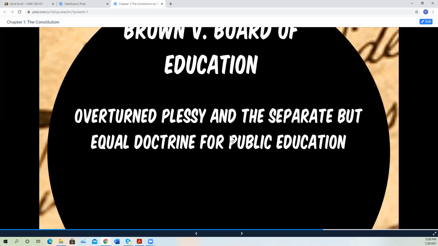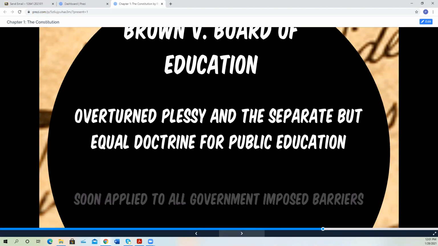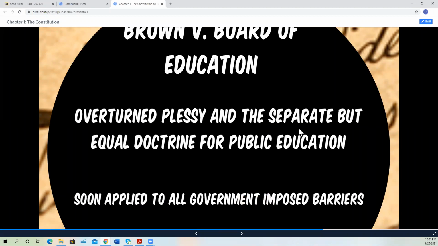So Brown versus Board of Education overturned the Plessy decision when it came to separate but equal for public education. So now after Brown versus Board of Education, schools could no longer segregate children based on their race. The Supreme Court said that violates our Equal Protection Clause. You're treating them differently, stop it. It violates the 14th Amendment Equal Protection Clause.